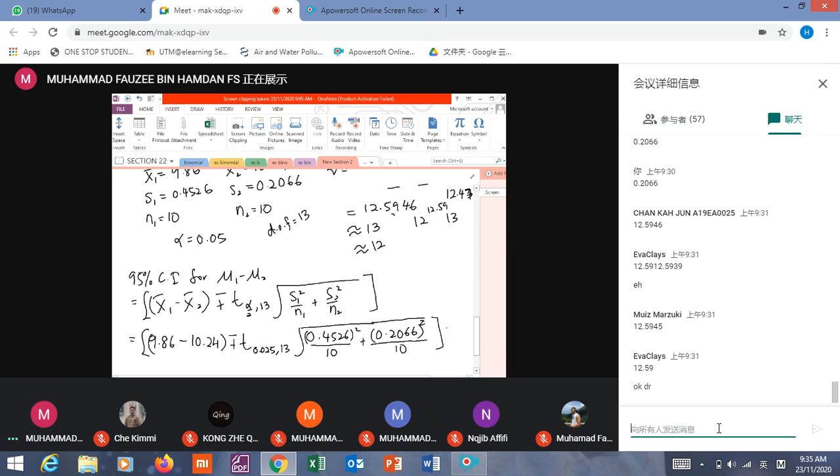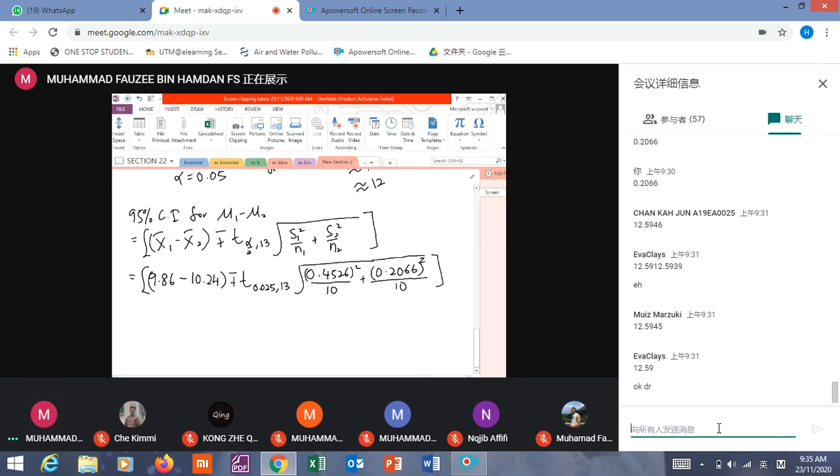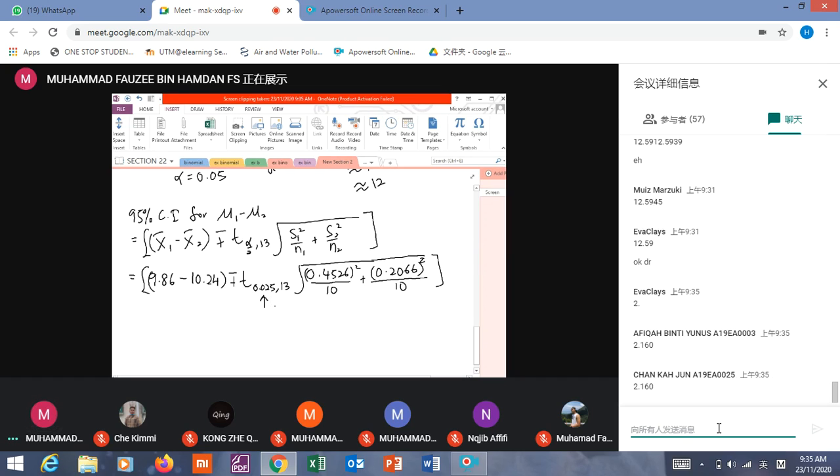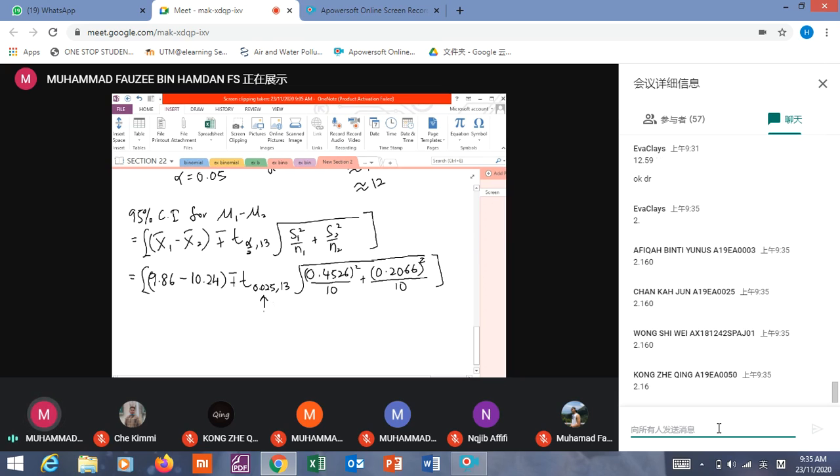Can somebody give me t 0.025, 13 from your table? Anybody can give me 2.16?